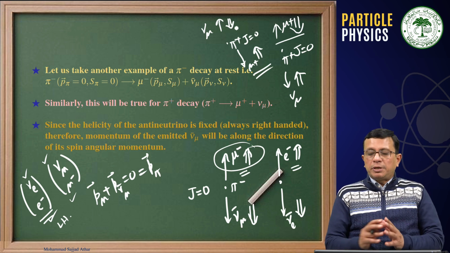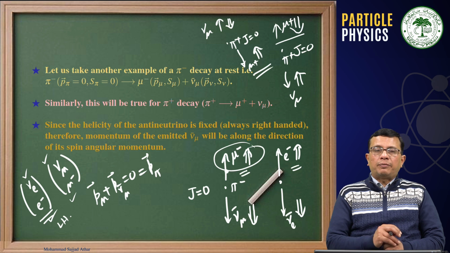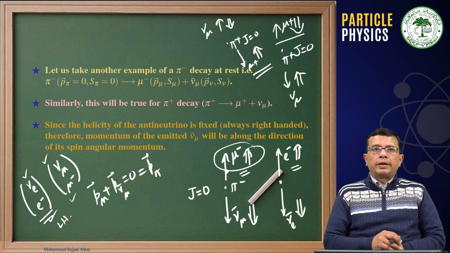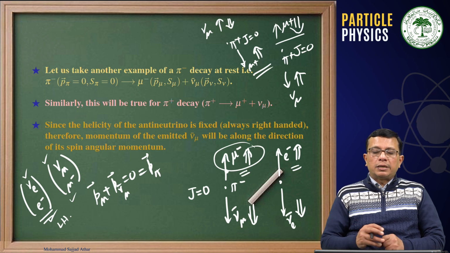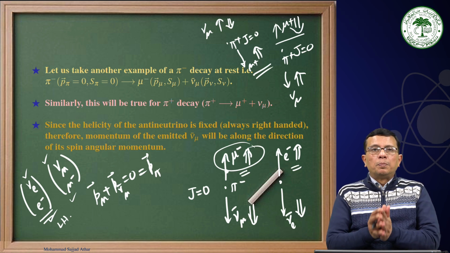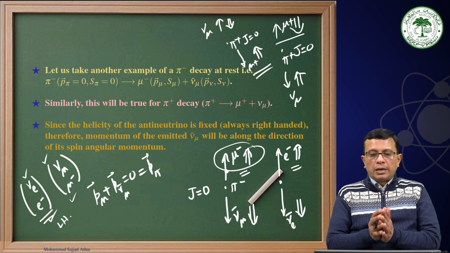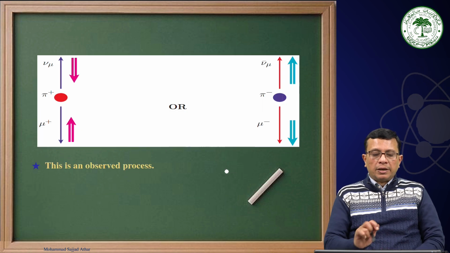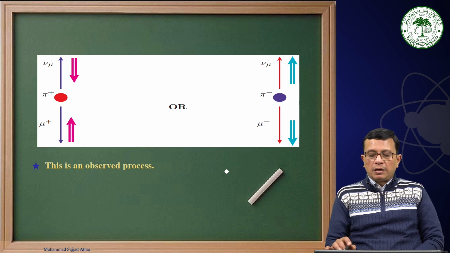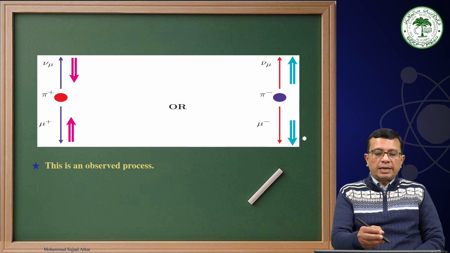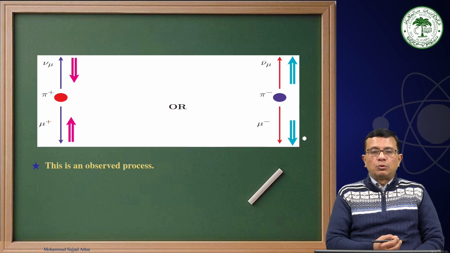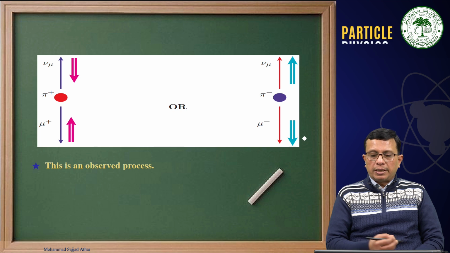And given a choice between electron and muon, it is much easier for nature to make the muon a right-handed particle, and here it is much easier to make mu plus a left-handed particle. Now everything is fine. We are taking these two processes, pi plus and pi minus. As you can see, I am showing the neutrino going in the upward direction and mu plus going in the downward direction.